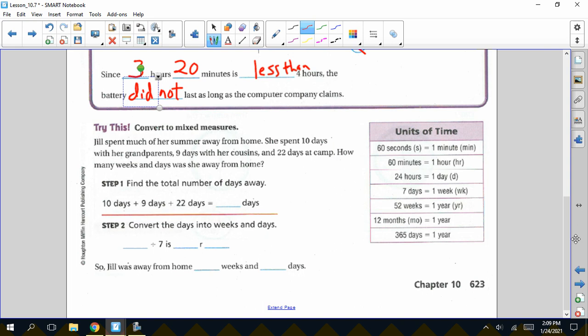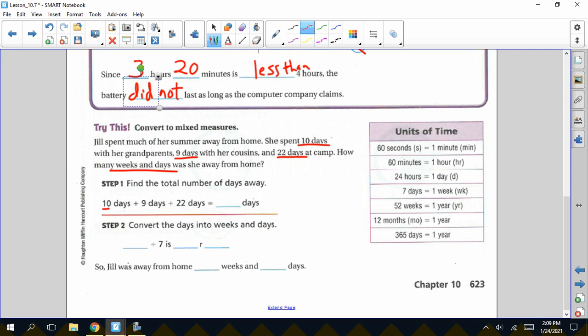Jill spent much of her summer away from home. She spent 10 days with her grandparents, 9 days with her cousin, and then 22 days at camp. How many weeks and days was she away from home? So first, we have 10 days, 9 days, and 22 days.